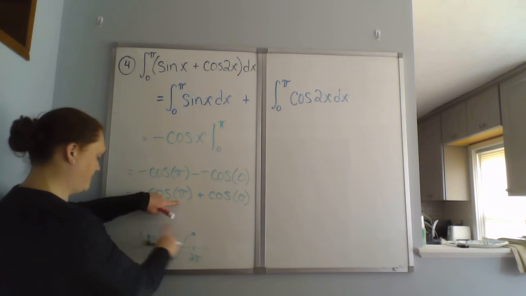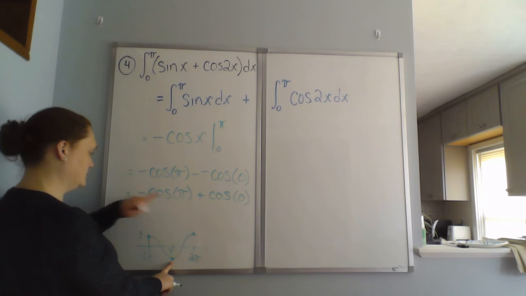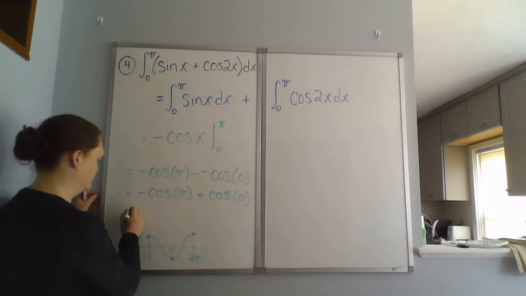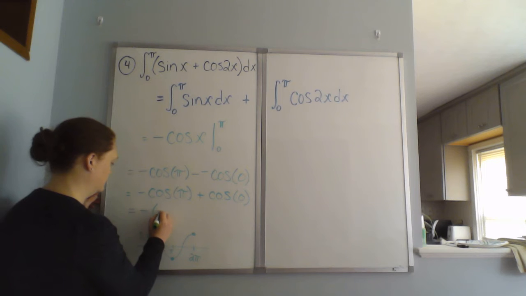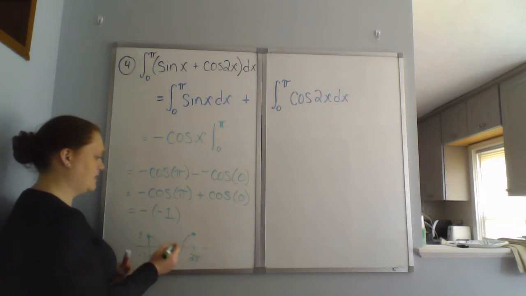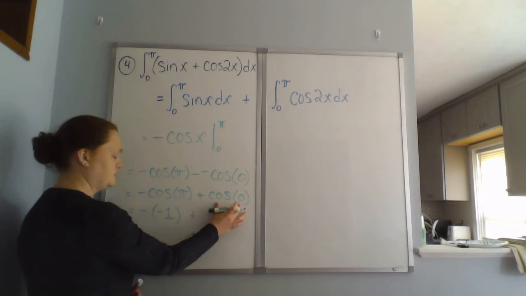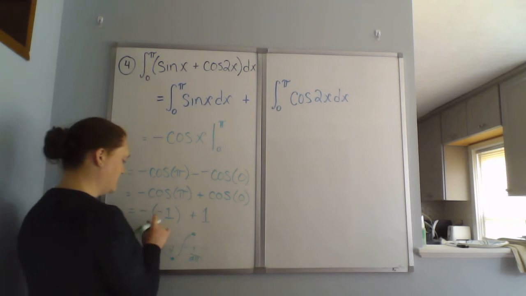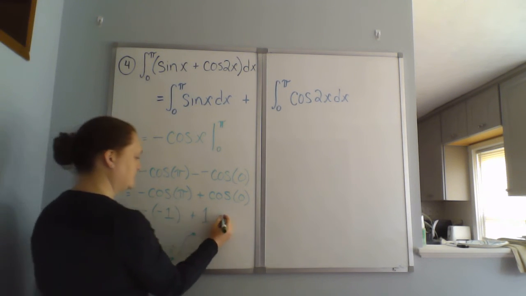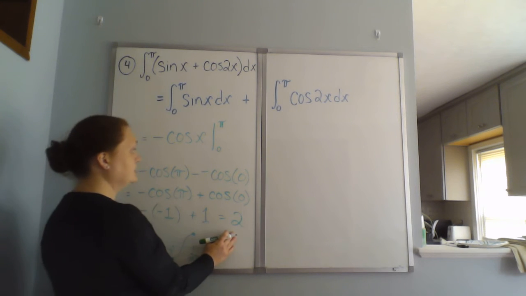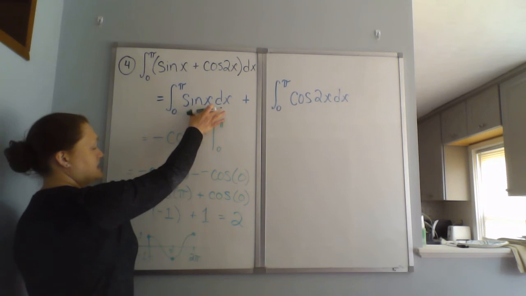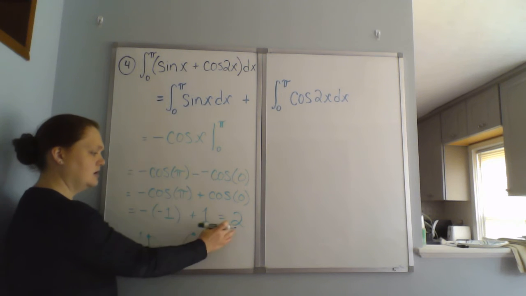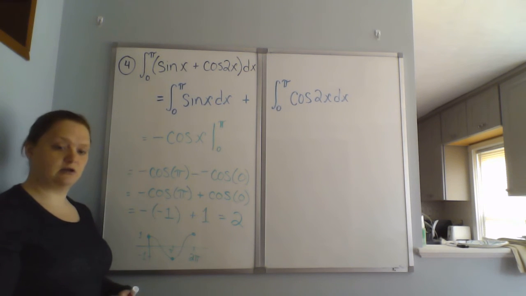So the cosine of pi is negative 1, so we've got negative 1 here, which is really just positive 1, plus the cosine of 0 is right here. That's y equals 1. So if I do 1 plus 1, I get 2. So the answer from the first part, the answer to this, is 2. All right? We're going to come back and use that number a little bit later.